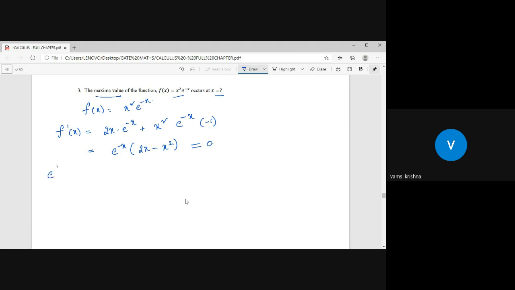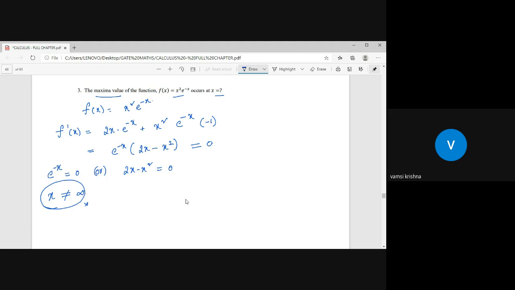The first possibility is either e power minus x is equal to 0 or 2x minus x square is equal to 0. e power minus x cannot be 0 because if minus x is 0, it is possible if and only if x is infinite. e power minus infinite can be 0, you know that. So x cannot be infinite, so this is not valid.